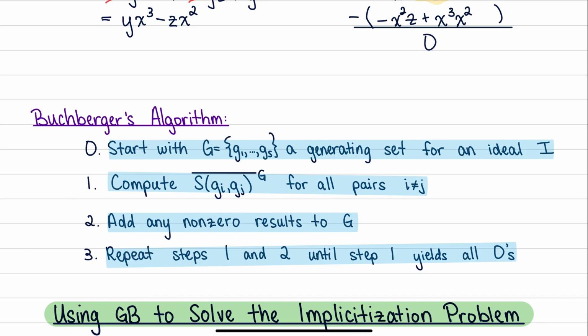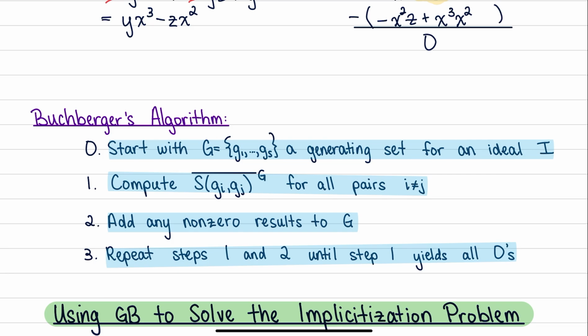We're just going to keep computing and adding until suddenly Buchberger's criterion is satisfied and we have a Gröbner basis. This algorithm is guaranteed to terminate, because we are working over a nice handy-dandy Noetherian ring, and we're creating for ourselves an ascending chain of ideals. So it's going to have to stabilize.